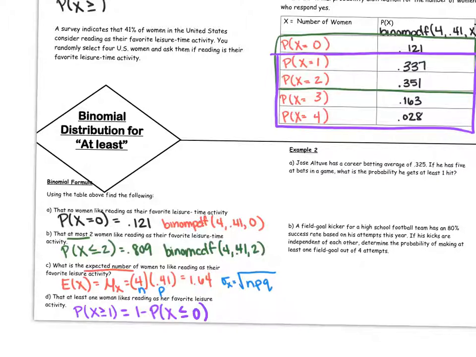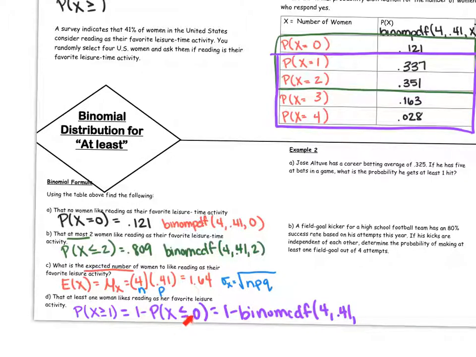When you calculate at least 1, you're doing 1 minus the probability that x is less than or equal to 0. So this is just 1 minus binomial. Less than or equal means you're using a CDF. What's your n? 4, it's still 4. Probability of success is 0.41. Your x is what?